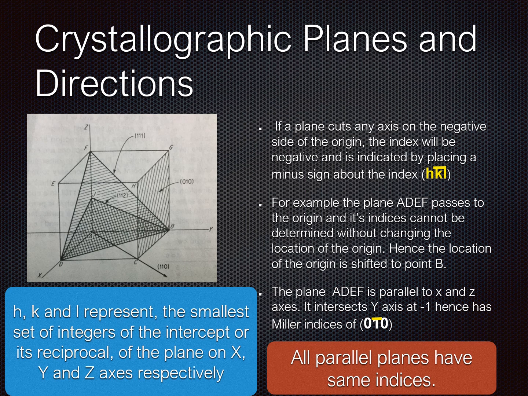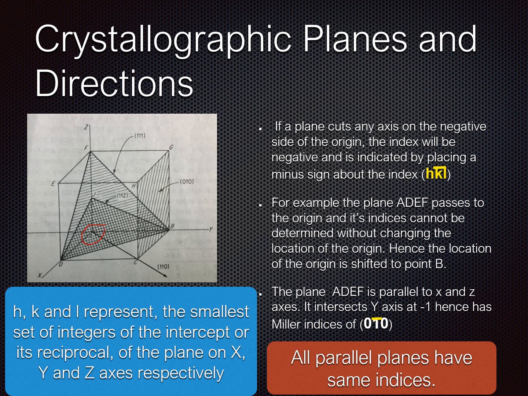If a plane cuts any axis on the negative side of the origin, the index will be negative and is indicated by placing a minus sign above the index, as h k bar l. For example, we started our discussion by considering point A as the origin.